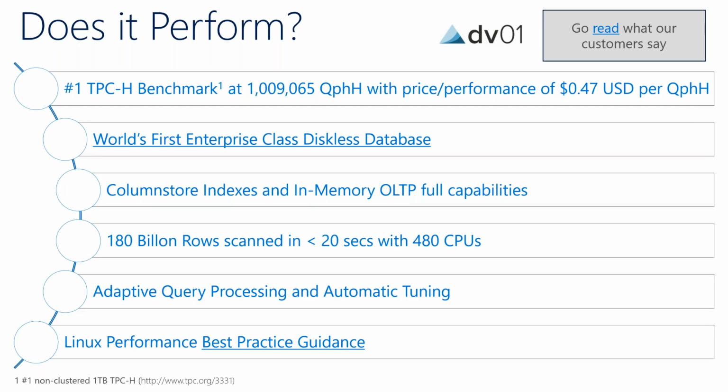Since then, the number one TPC-H benchmark for 1 terabyte has also been released, achieving over 1 million queries per hour for the first time, with very low price performance. It was achieved with a concept called a diskless database with HP Enterprise, using column store indexes, in-memory OLTP, scanning rows very fast, adaptive query processing and automatic tuning.